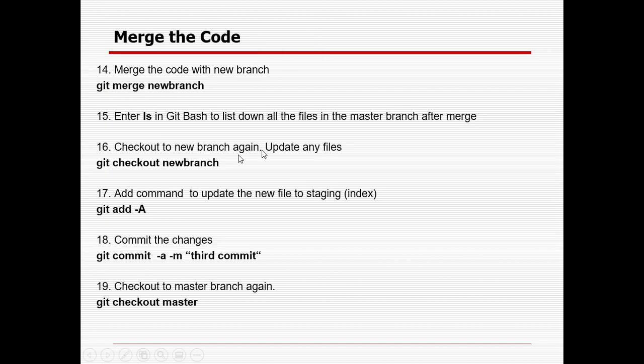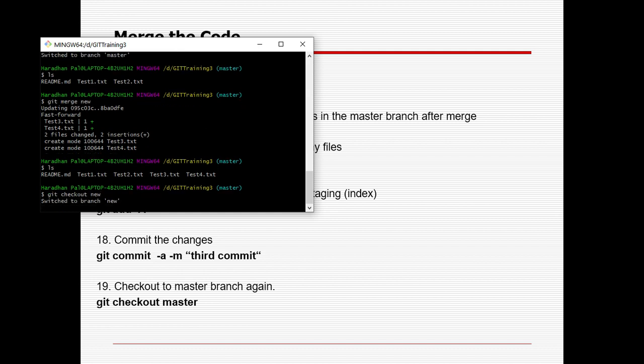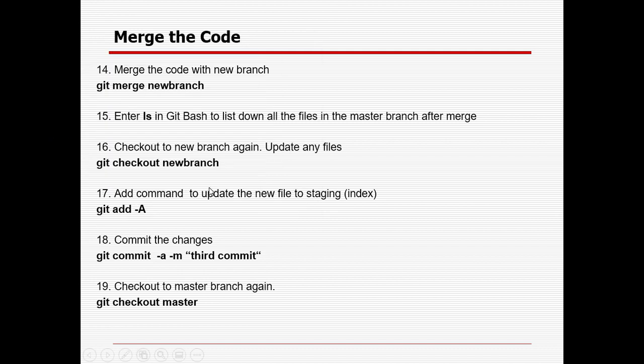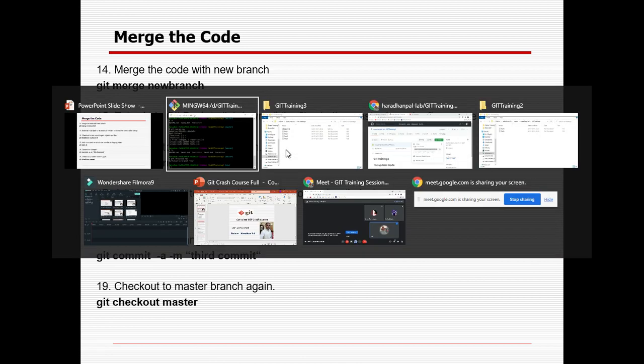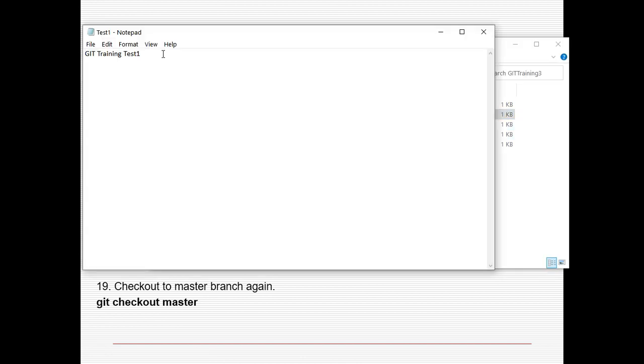Now check out to the new branch again, with git checkout new branch. After checking out to the new branch, I can update any file. Suppose I want to update the file here, I just want to update it to only 1. I have removed all the other content, so test1 will have only 1.